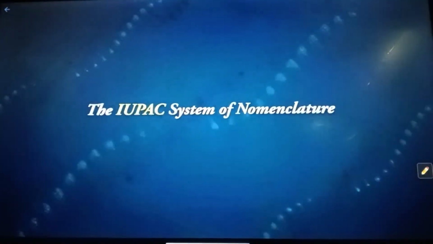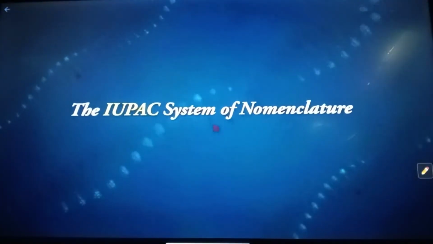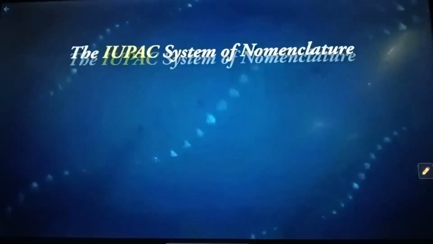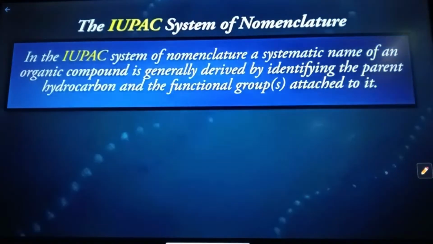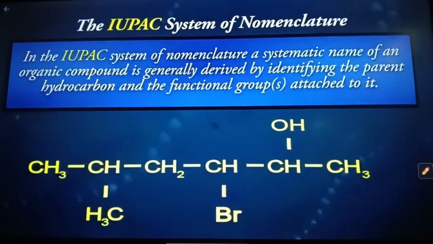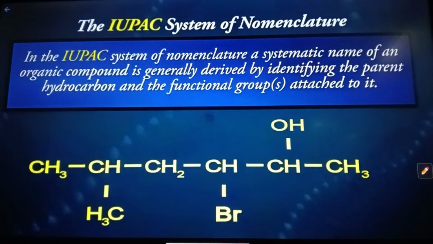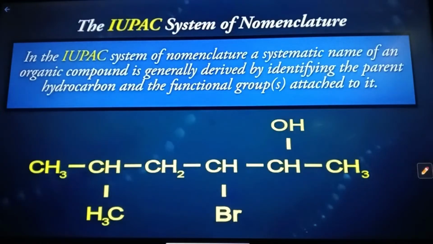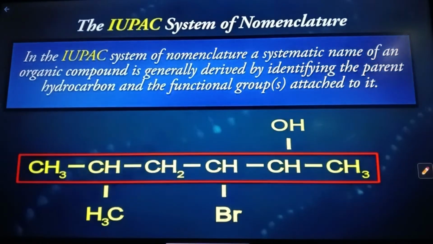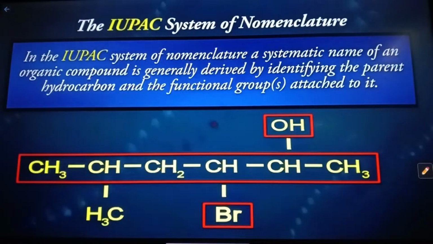The IUPAC system of nomenclature. In the IUPAC system of nomenclature, a systematic name of an organic compound is generally derived by identifying the parent hydrocarbon and the functional groups attached to it.